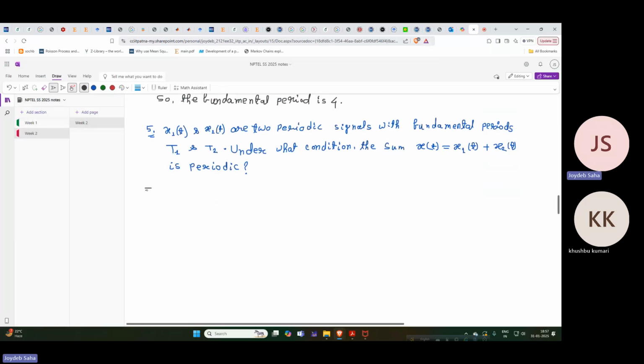Take 1 more minute and try to find out the way of solution. Then we will try to solve this.